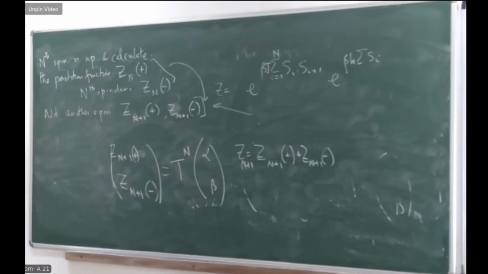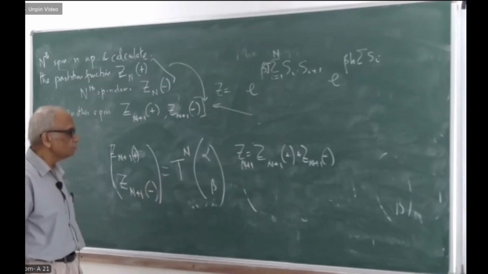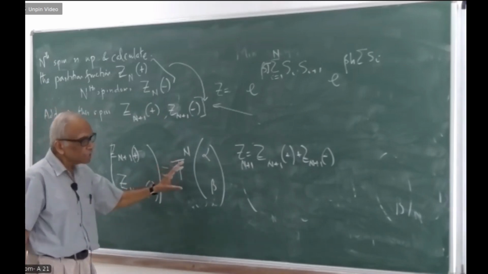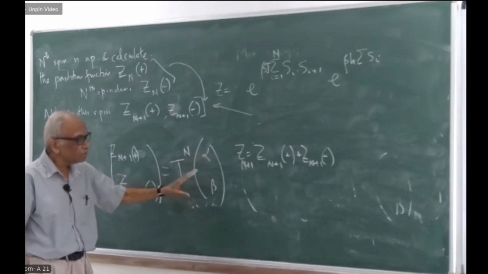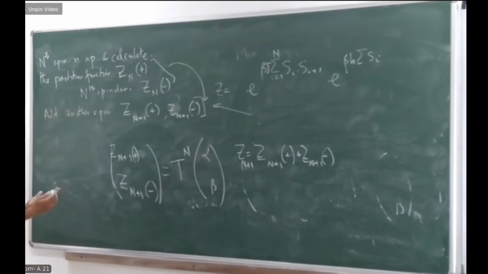It's a simplification because all that I need to do is look at the transfer matrix T and get its eigenvalues, lambda 1, lambda 2, and the corresponding eigenvectors, let's say alpha 1, alpha 2, beta 1, beta 2.